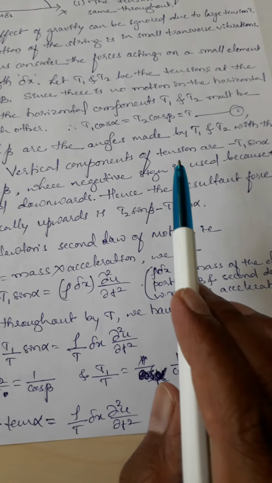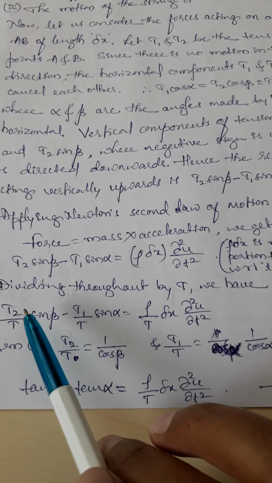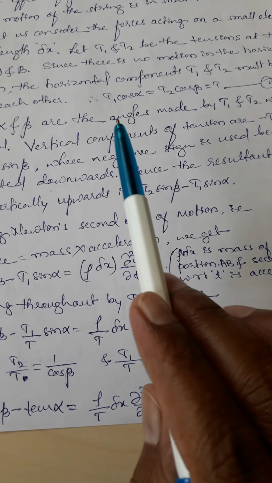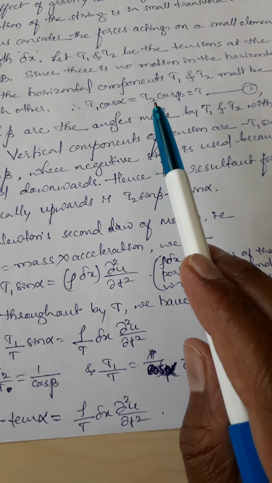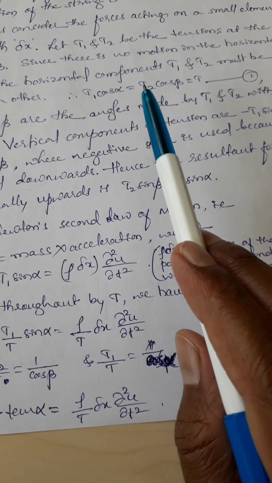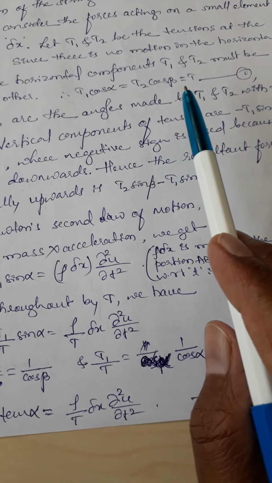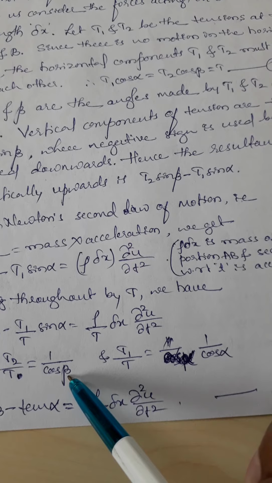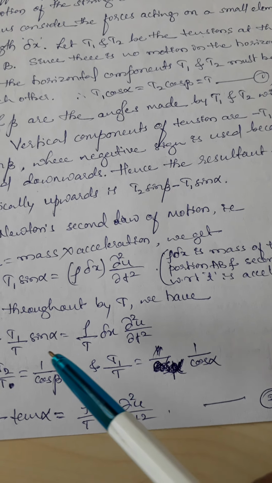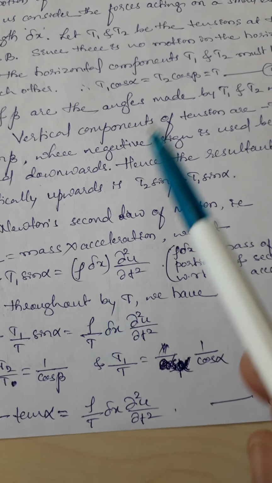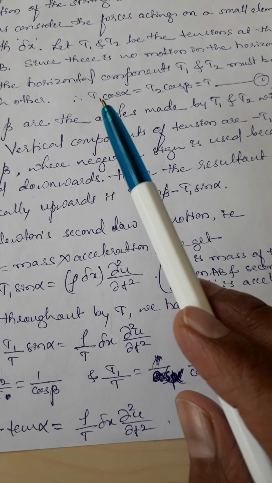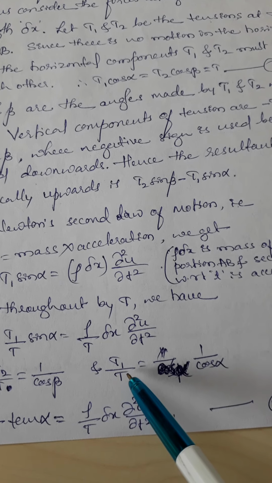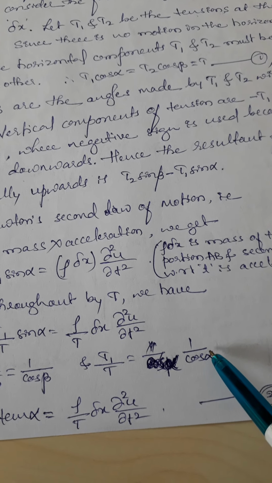Now, from equation number 1, we need to cancel T2 by T and T1 by T. Using equation number 1, T2 by T equals 1 by cos beta, and similarly T1 by T equals 1 by cos alpha.